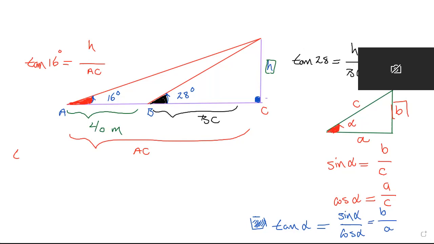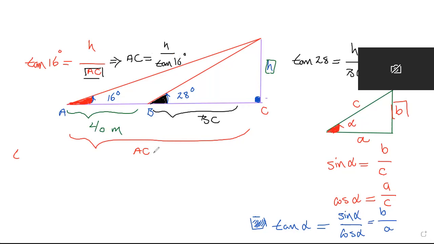Now, everyone is okay so far with this? Now, from this identity that I got over here, you see that very easily, with some basic manipulation, you can find that AC, which is the total length from where you were originally standing all the way to the castle, is going to be h over tangent of 16 degrees.